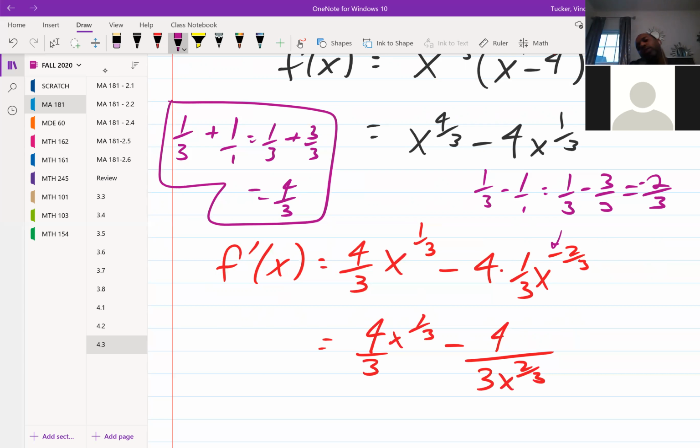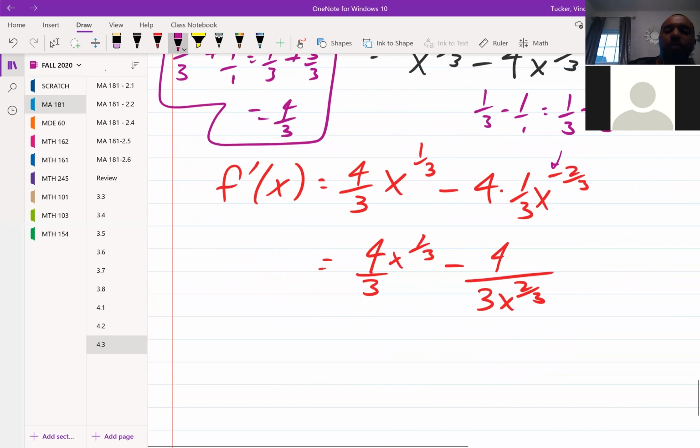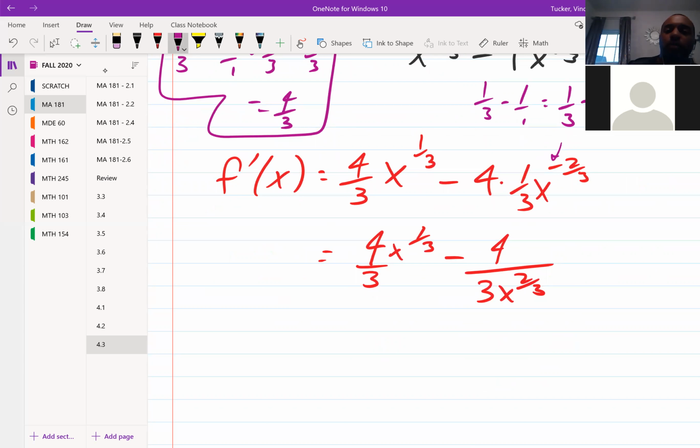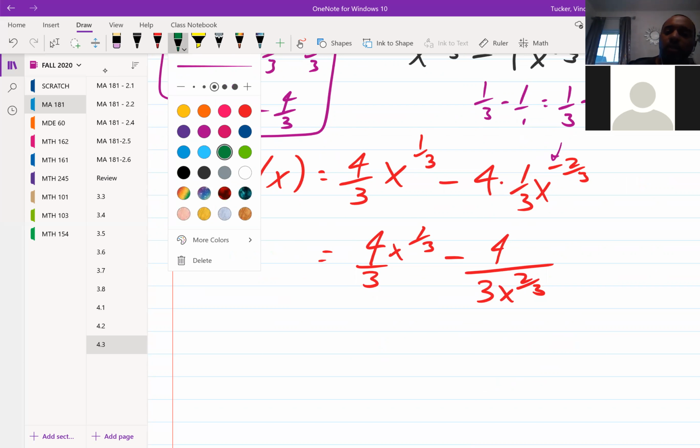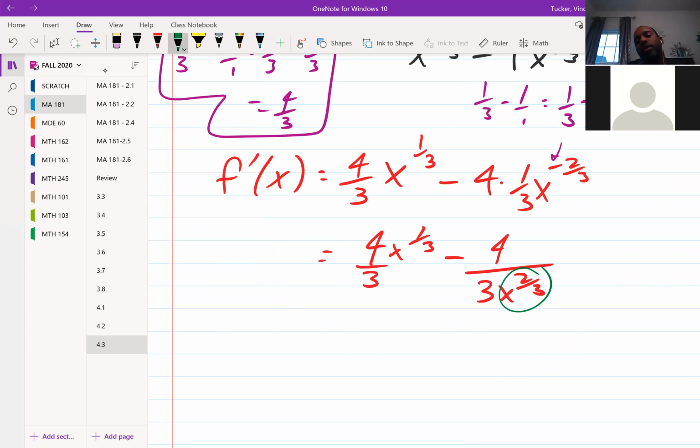Now, if I want to combine these terms like they did in the book, just in case you were to see something like this, I need to have a common denominator. And notice I have x to the 2/3 down here. That means I want to get x to the 2/3 down here as well. So I need to multiply both top and bottom by x to the 2/3.